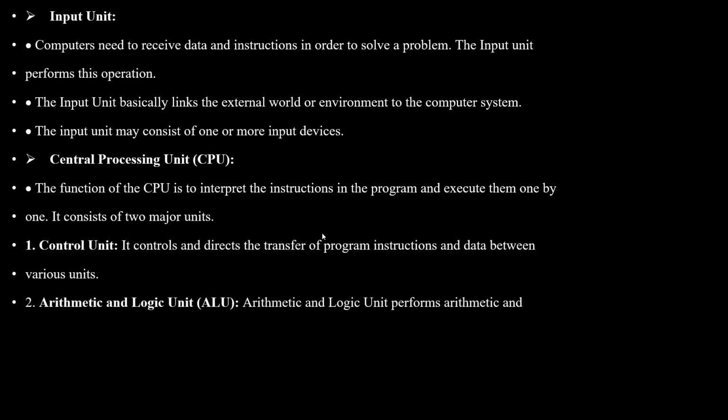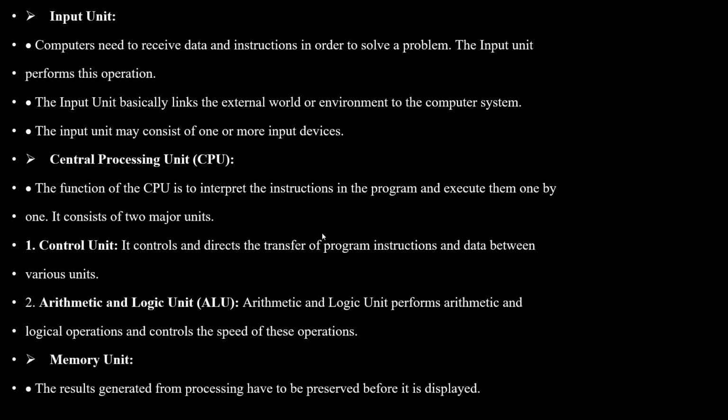The arithmetic logic unit performs the arithmetic and logical operations, and it controls the speed of these operations. Before giving output, the result is stored in the memory unit, which preserves the data. For that we use the memory unit.